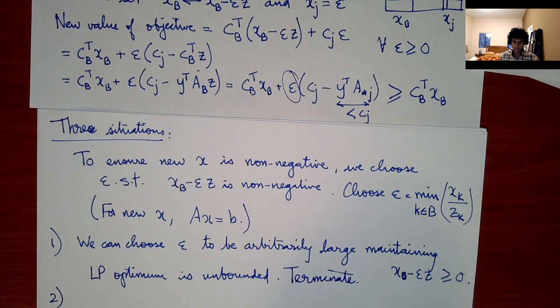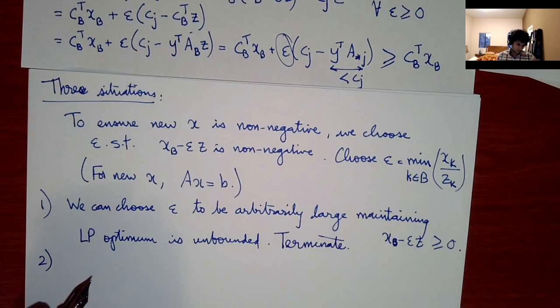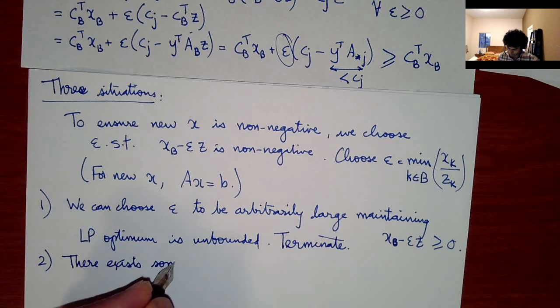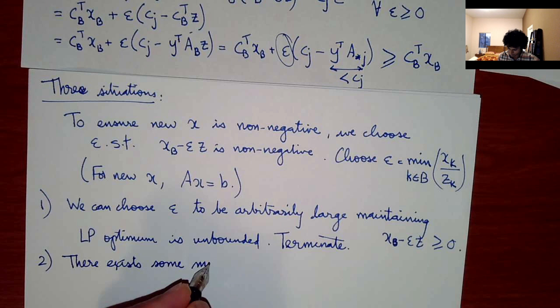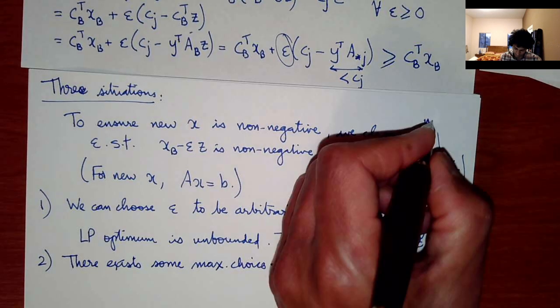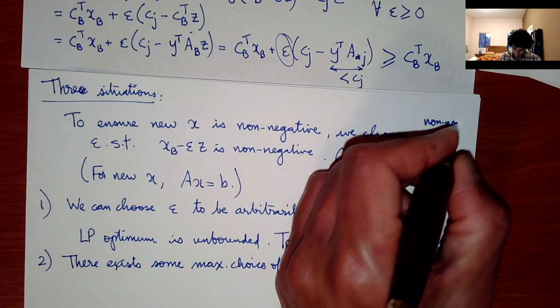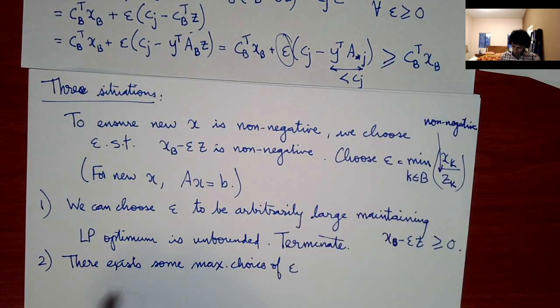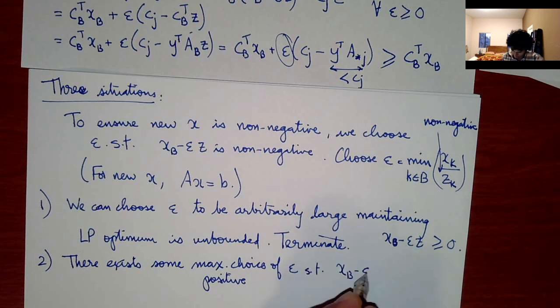The second case is that there exists some maximum choice of epsilon. So there exists a maximal, strictly positive choice such that xb minus epsilon z is greater than or equal to 0.